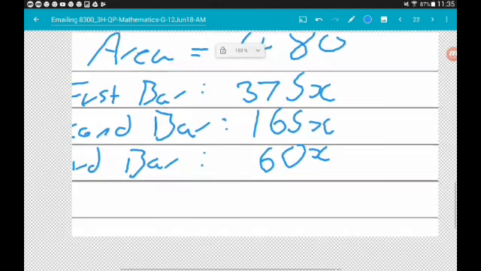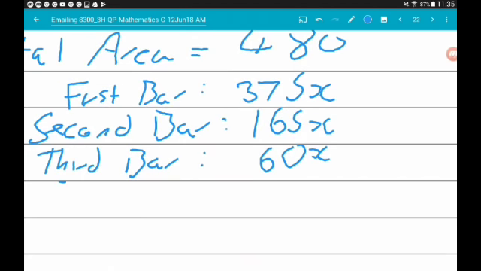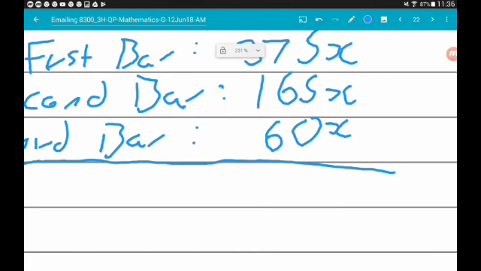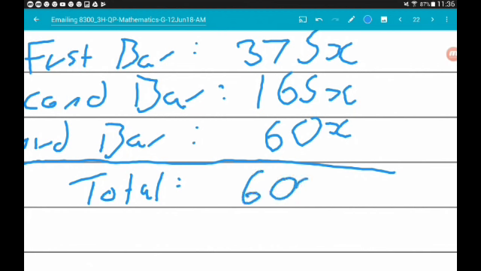Okay, so what we can now do is work out the total area in terms of x. If we add all of those together, we get 600x. So that is the total area in terms of x.